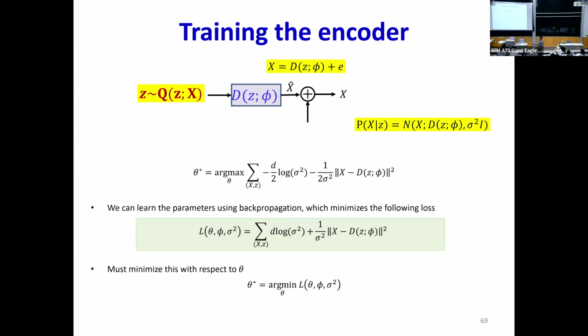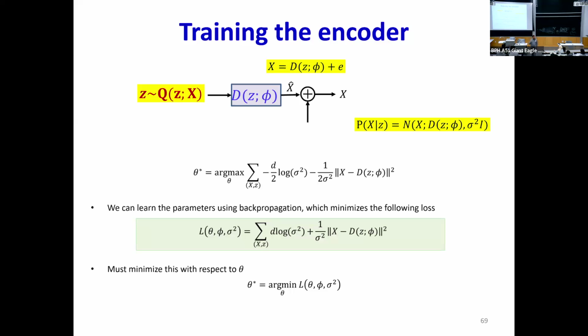And we are saying that the Z's themselves came from Q, right? But Q is a function of theta, because Q is an approximation derived from the encoder. Theta are the parameters of the encoder, right? And so the overall loss is that you want to minimize the negative log likelihood of the training data.